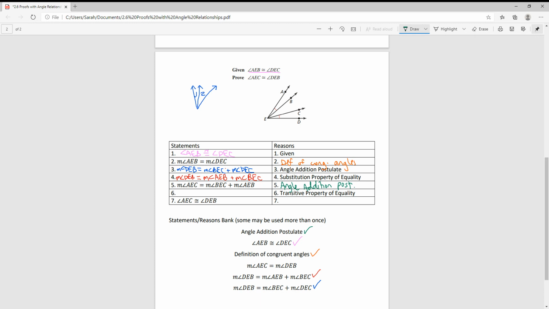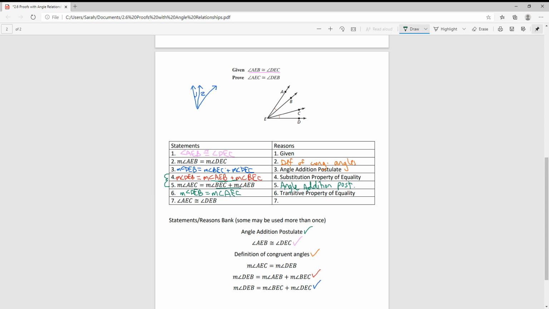And so actually I'm talking about statements 4 and 5 here. Notice that what's on the left-hand side, the right-hand side is the same, just the order is swapped. So since this part and this part are equal to each other, we can say that measure of angle DEB is equal to measure of angle AEC. So I can set these two things equal to each other. That was with our transitive property of equality. I'm going to fix that equal sign because it looks really scary.